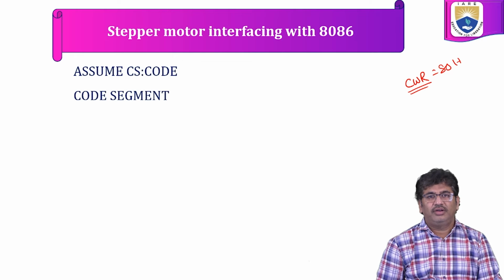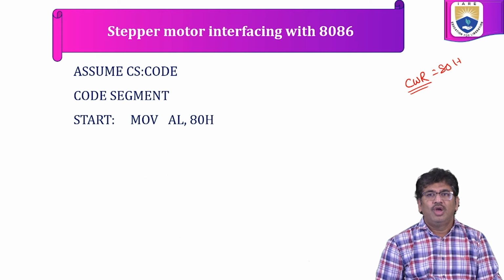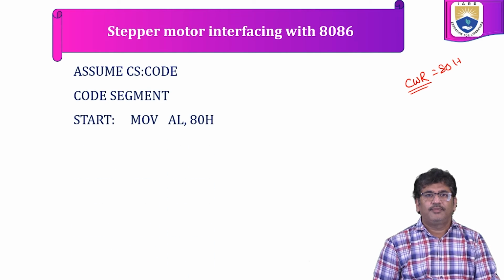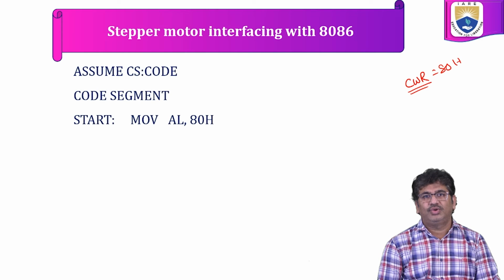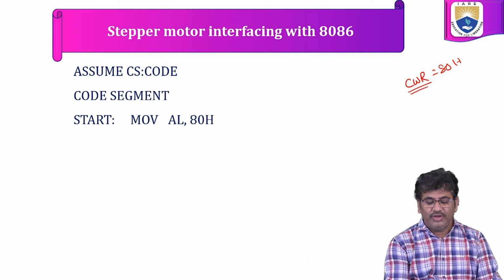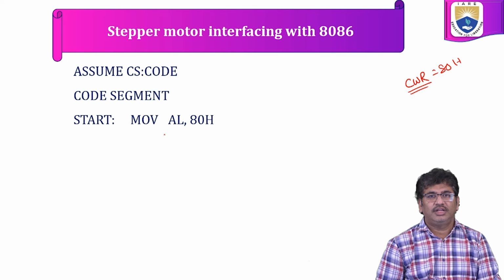So we will write the instruction MOV AL, 80H. To port this to an IO port, we have to use the OUT instruction. Only the value present in AL can be sent to the port. So first we move 80H to the AL register, then this 80H will be sent to the control word register through AL. That is OUT control word register, AL.